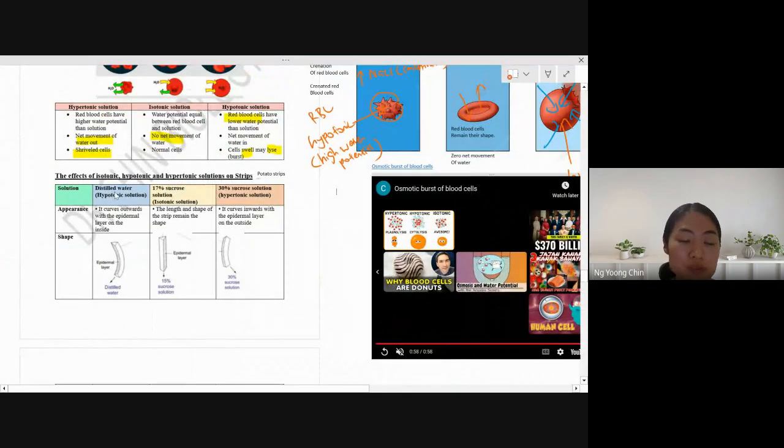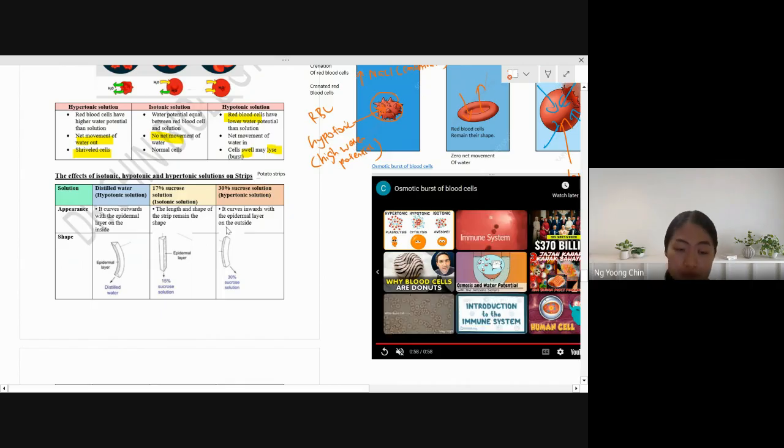When you put the potato strips into distilled water, what will happen? Okay, imagine that the potato strip is composed of something like this. They have something like skin, we call it the epidermal layer.